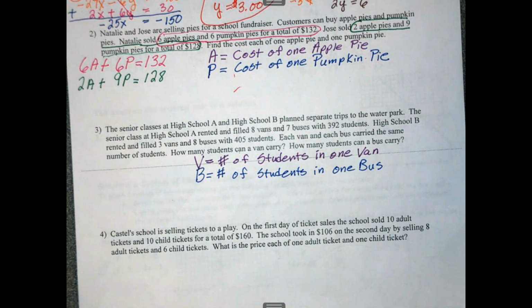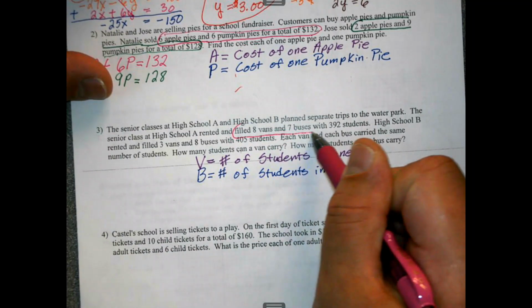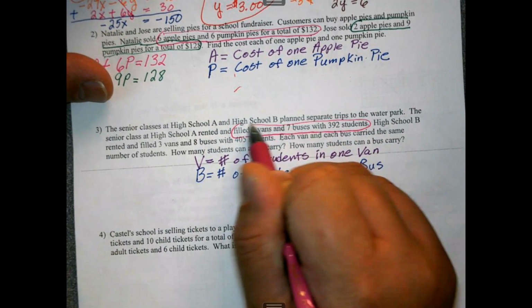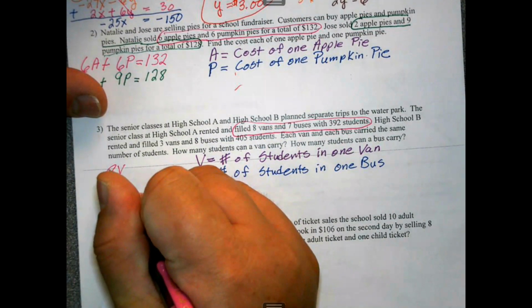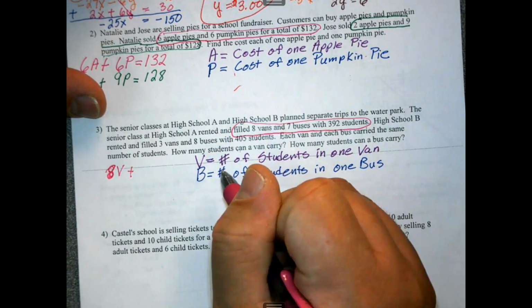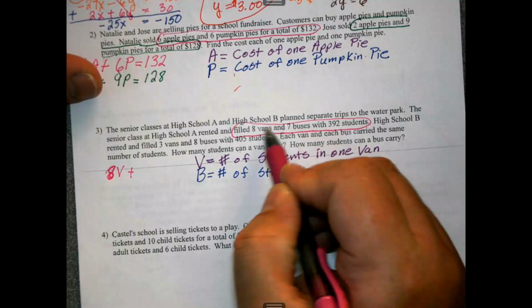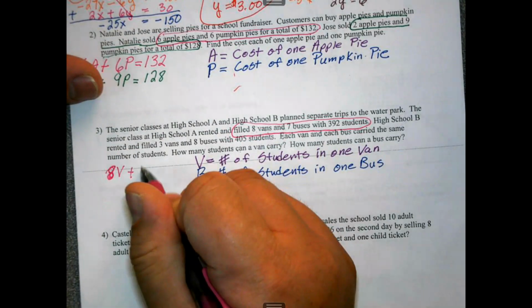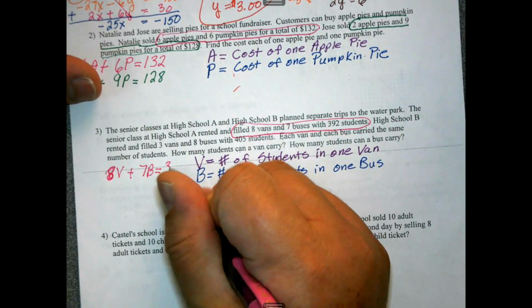Okay? Let's get our equations. High school A filled 8 vans and 7 buses. I'm sorry, was that 3V? No, 8 vans, I got it right. 8 vans and 7 buses for a total of 392 students.